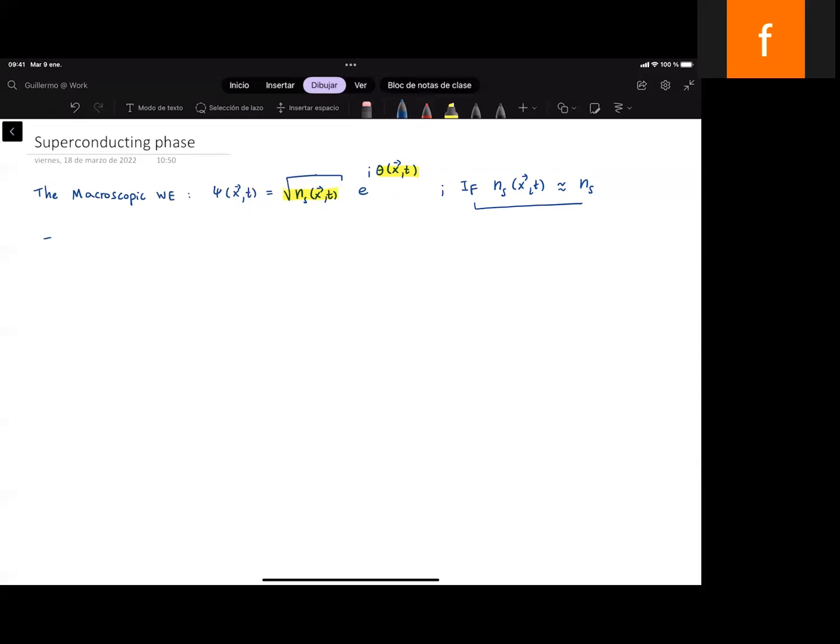This superconducting density current is i q_s h bar over twice m_s, times psi gradient of psi conjugate minus psi conjugate gradient of psi, minus q_s squared over m_s, modulus square of psi times A.